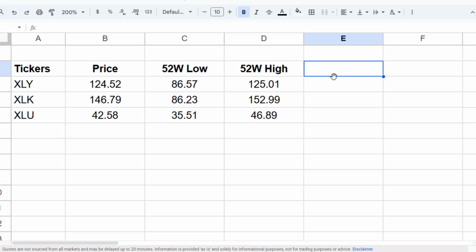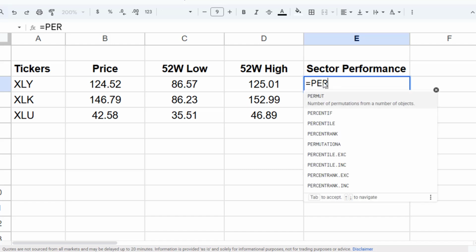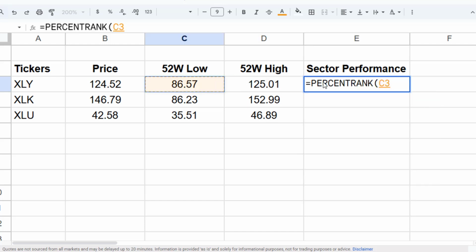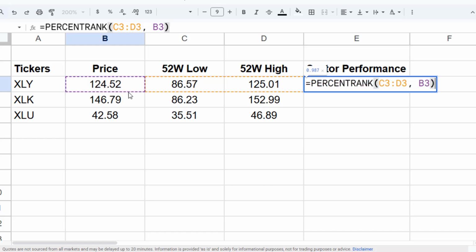Now we want to know the sector performance. And we can do this with PERCENTRANK, selecting the data, the low and the high, and then the value we want to compare within this range.